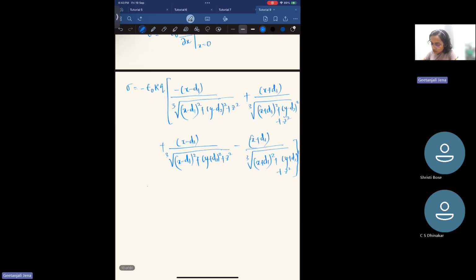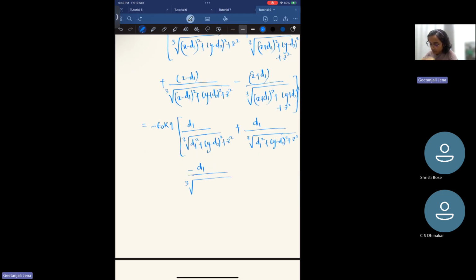Now we can put x equal to 0. So sigma will be minus epsilon naught KQ times: d1 over d1 square plus y minus d2 square plus z square to the three-halves, d1 over d1 square plus y minus d2 square plus z square to the three-halves, minus d1 over d1 square plus y plus d2 square plus z square to the three-halves, and the last one is minus d1 over d1 square plus z square plus y plus d2 square to the three-halves.